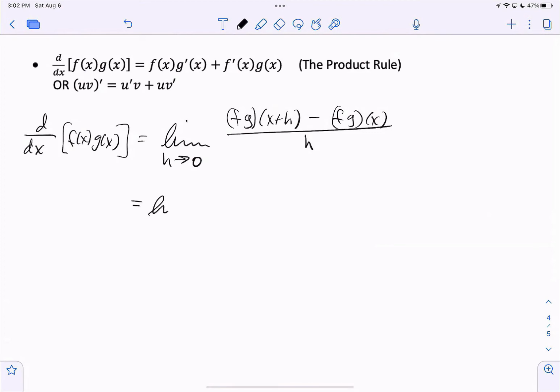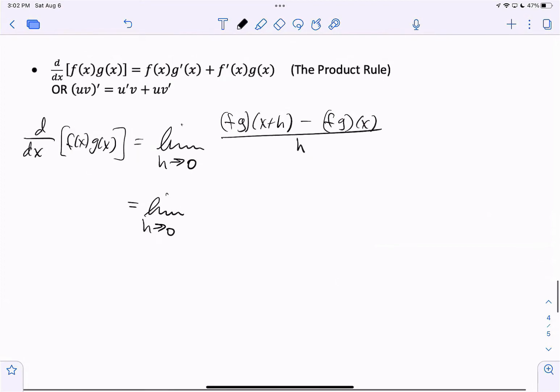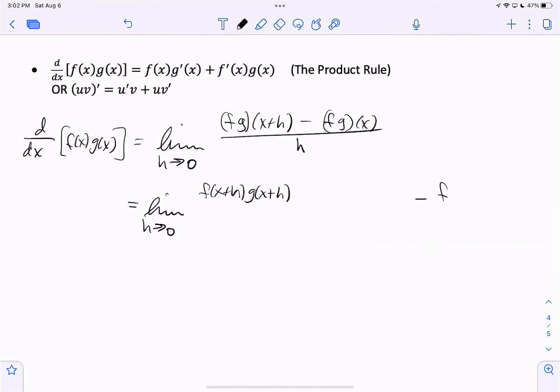That equals the limit as h approaches 0 of f of x plus h times g of x plus h, I'm going to leave a big old gap, minus f of x g of x divided by h.